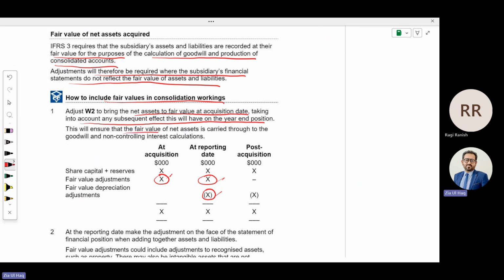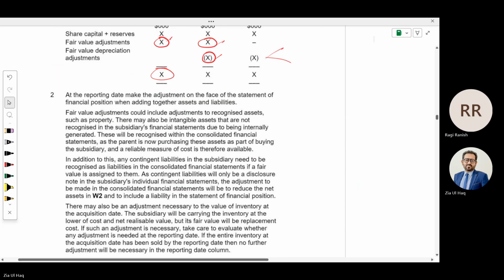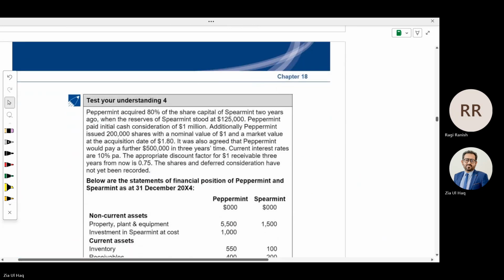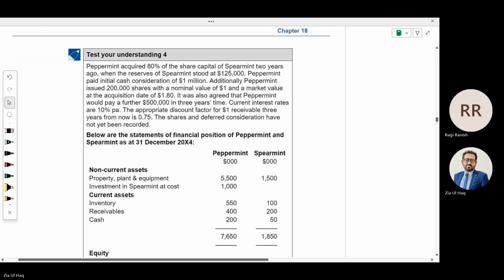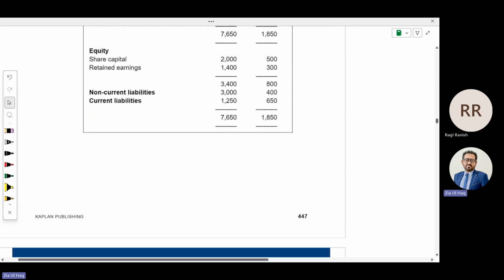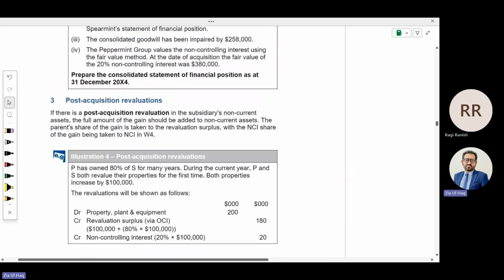This will ensure that the fair value of net assets is carried through to the goodwill and non-controlling interest calculation. Because non-controlling interest we will calculate from here, and for goodwill we need this fair value of net assets acquired.